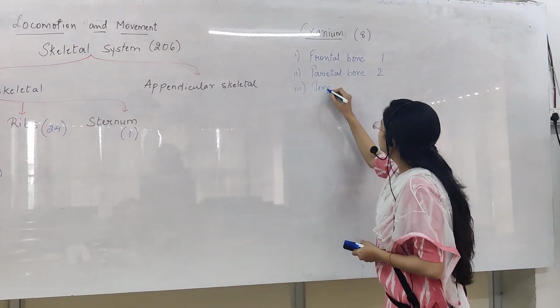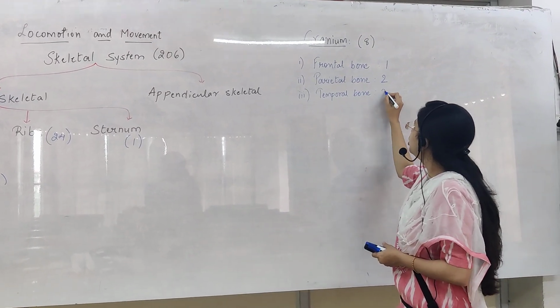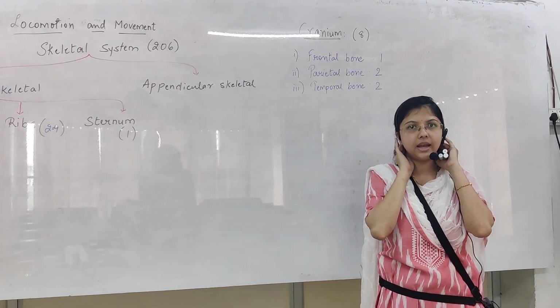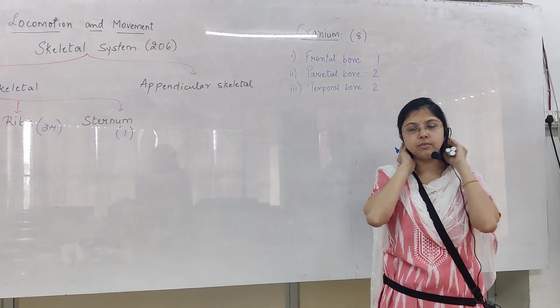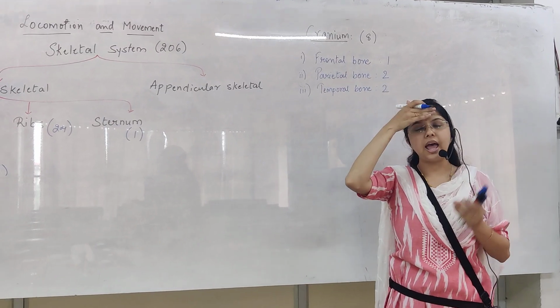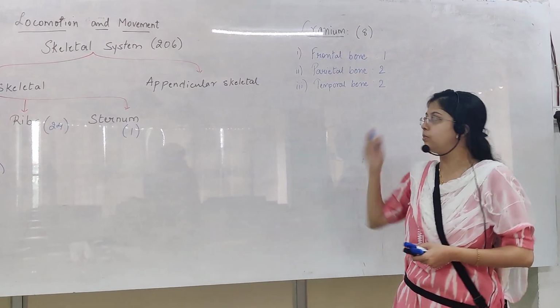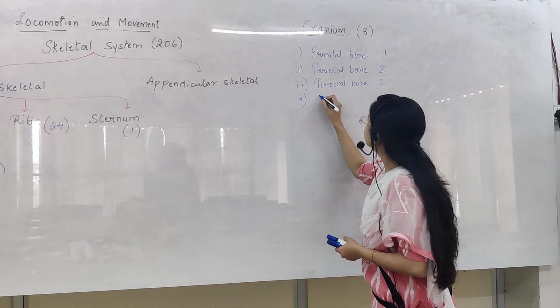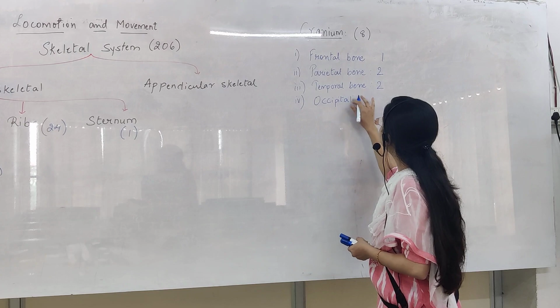Then come the temporal bones, again 2 in number, present just behind the ears. So behind the ears the bones are temporal, on the top is parietal, and on the front is the frontal.